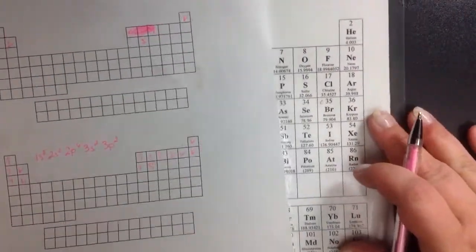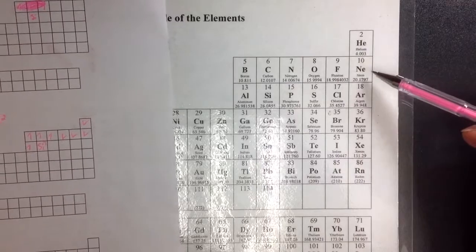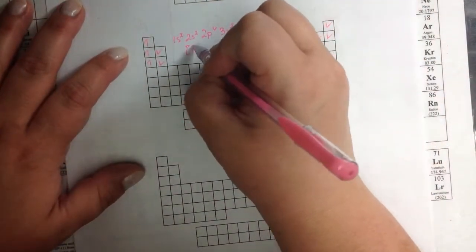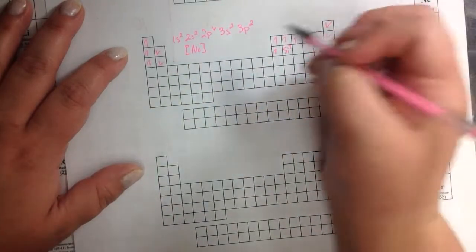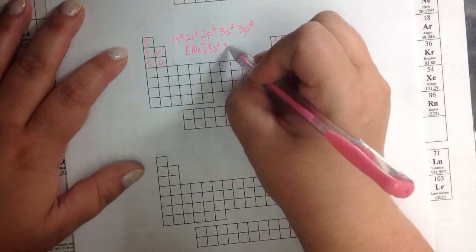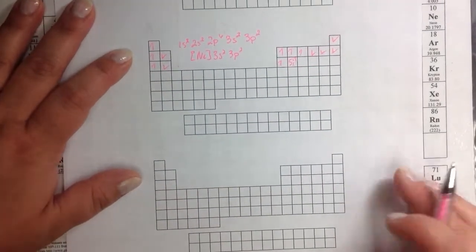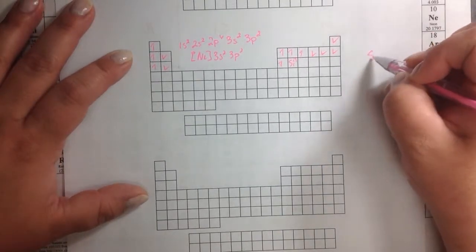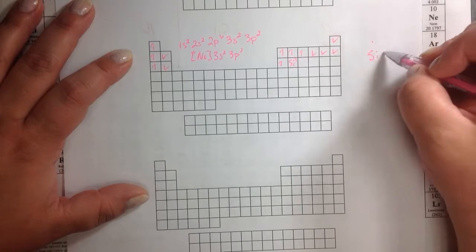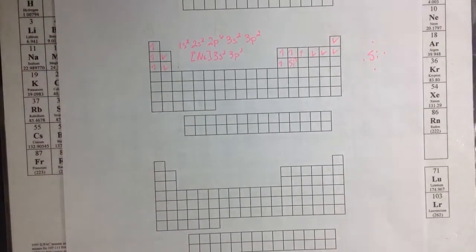Since the noble gas up here, so this is silicon, the previous noble gas is neon, the noble gas configuration will be [Ne] 3s2 3p2. Okay. And the Lewis structure for silicon, there are 4 electrons here. 1, 2, 3, 4. Good.